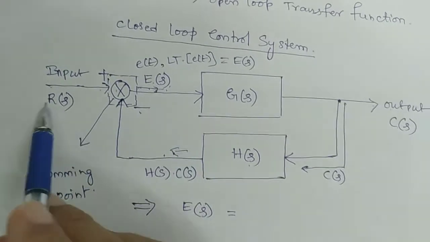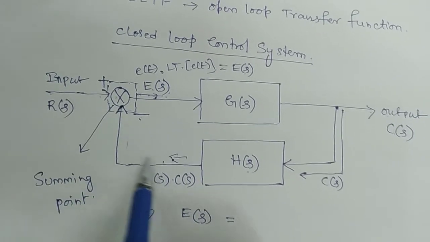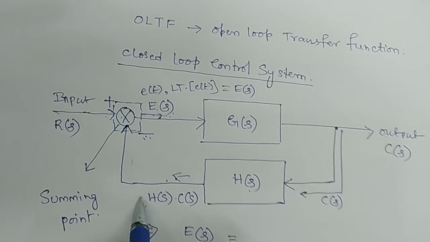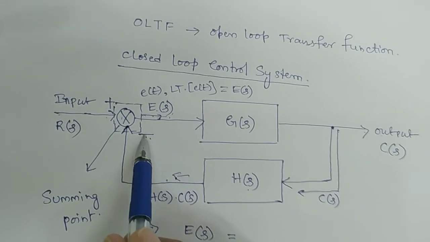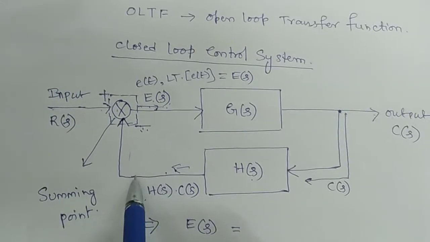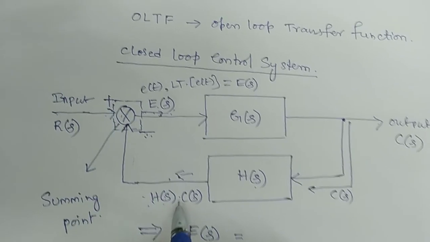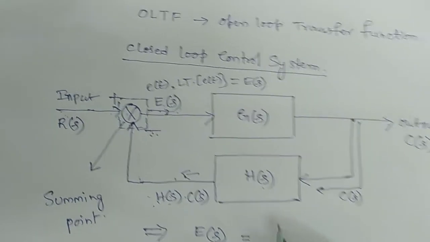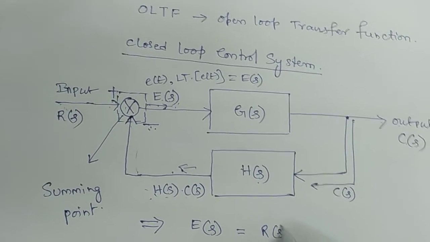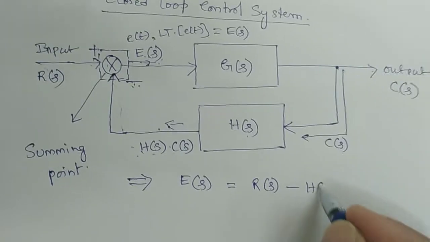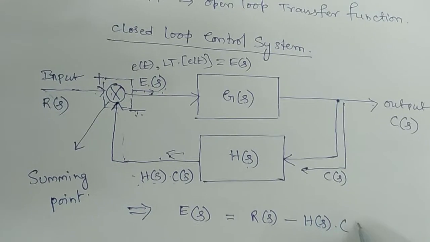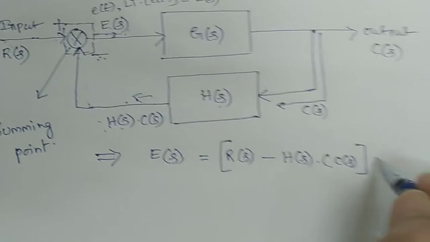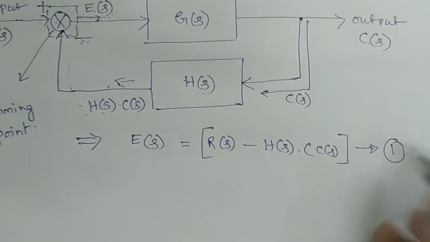This is entering, this is also entering, but with the negative sign, meaning the minus sign will come before the product H(s)C(s). So I can write E(s) equal to R(s) minus H(s)C(s). Call this equation number 1.